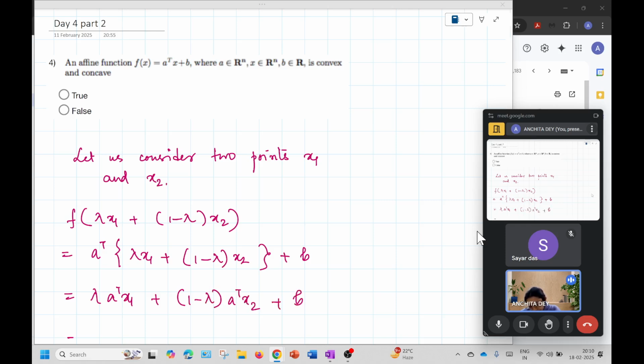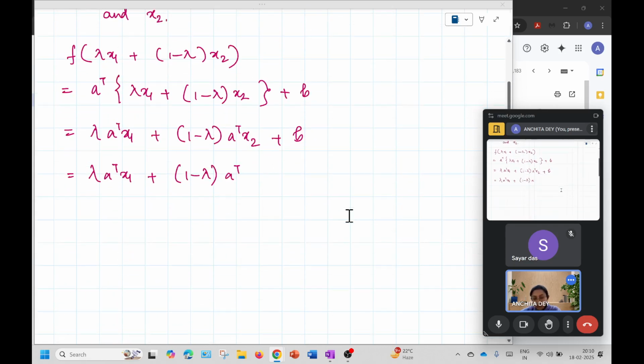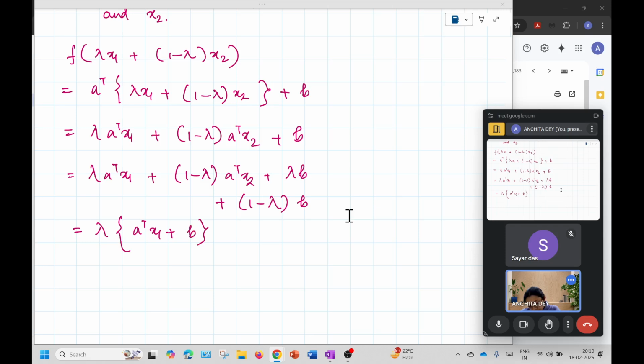And then note that we can break the b as lambda b plus 1 minus lambda b, right? So then if we bring it together, we have lambda times A transpose x1 plus b, plus 1 minus lambda times A transpose x2 plus b.